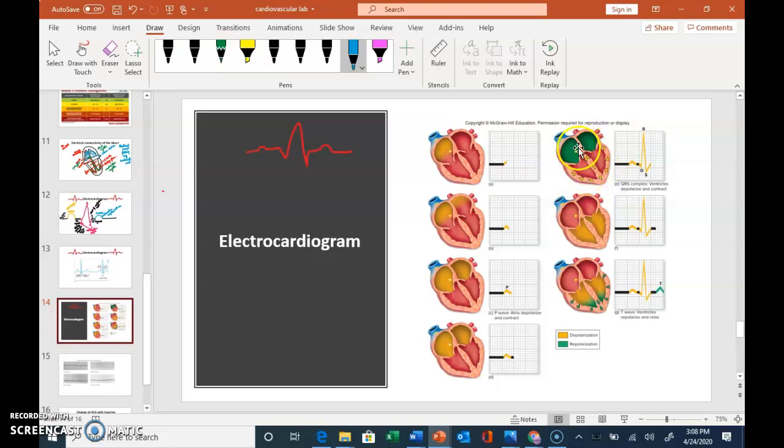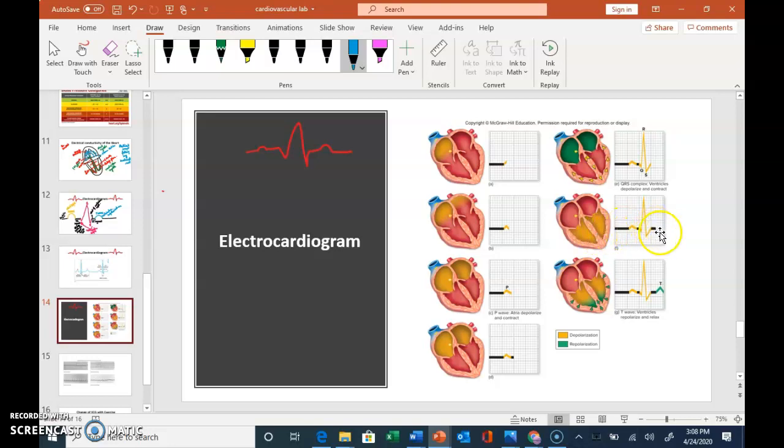Then here, if you look here, see the ventricle is getting depolarized as shown by the yellow arrows, and that is shown by the QRS complex. And then before the ventricle starts repolarizing, at this point it's 100% depolarized and it will start to repolarize, right?